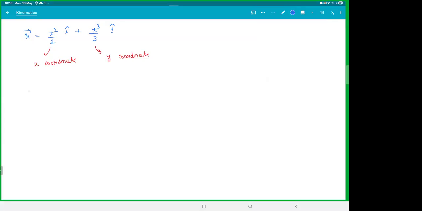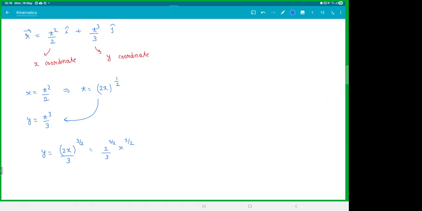So we have x is equal to t square by 2, y is equal to t cube by 3. So I can write t is equal to (2x) whole power half. Take this and substitute here. You end up with (2x) whole power 3 by 2 by 3. This is 2 power 3 by 2 by 3 and x power 3 by 2.